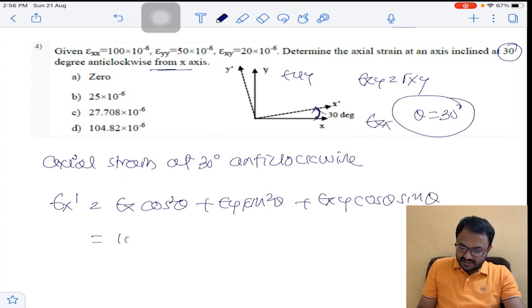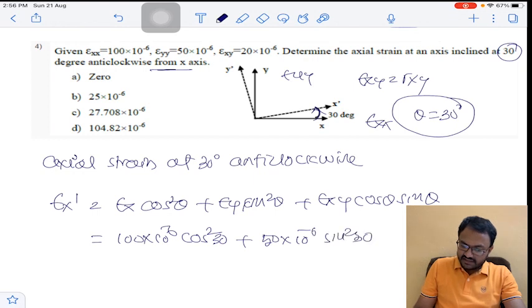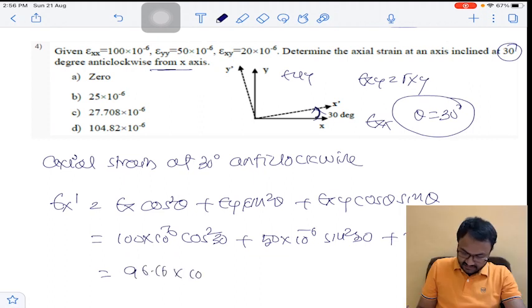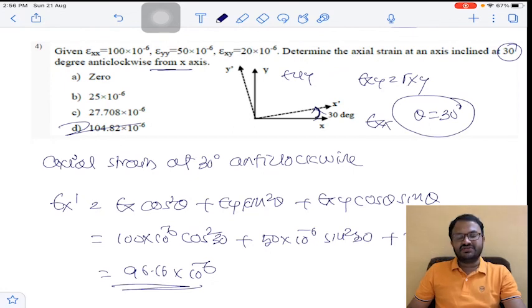So epsilon x is 100 into 10 power minus 6 cos square 30, epsilon y is 50 into 10 power minus 6 sin square 30, plus epsilon xy is 20 into 10 power minus 6 cos 30 into sin 30. So you will get 96.16 into 10 power minus 6. Generally the nearest answer is 106 into 10 power minus 6. Option D for question number 4. Clear?